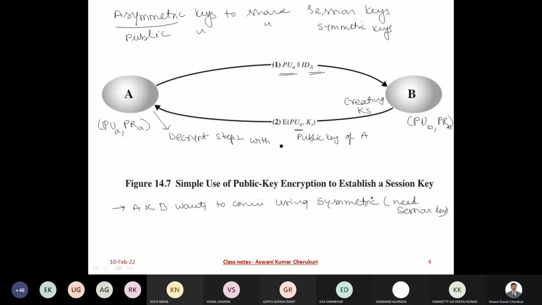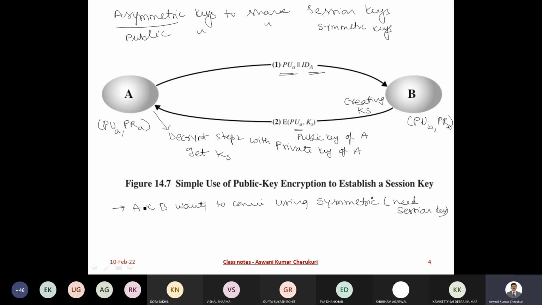With PRA, the private key of A. Once A decrypts this message, what does A get? The session key. Once A gets the session key, from now onwards A and B can communicate with each other with the help of the symmetric key, right?